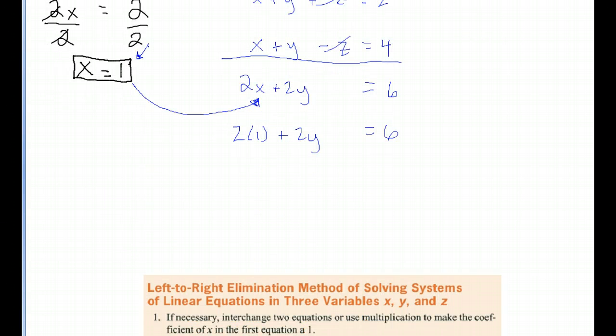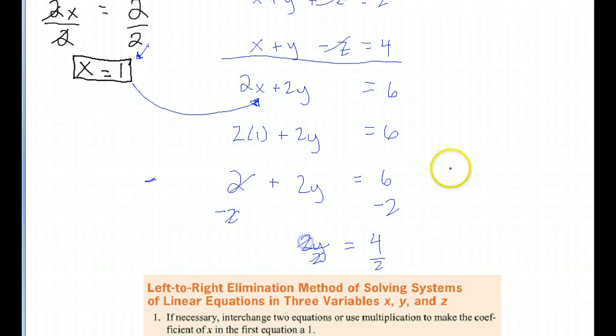Well, what's 2 times 1? 2 times 1 is 2. Subtract 2 from both sides, and I get 2y is equal to 4. So that means that y is 2.